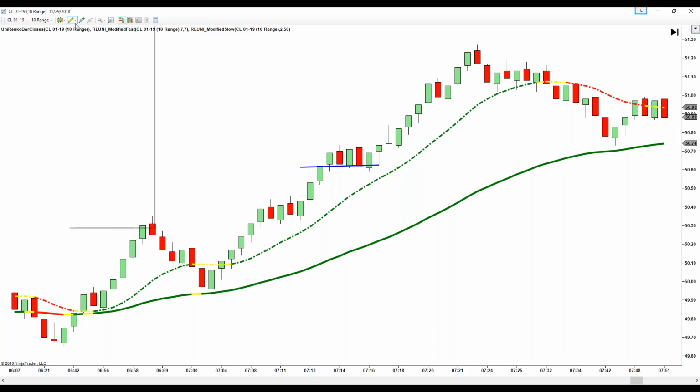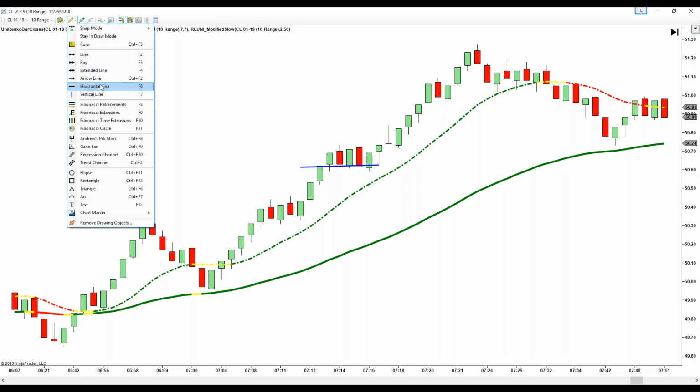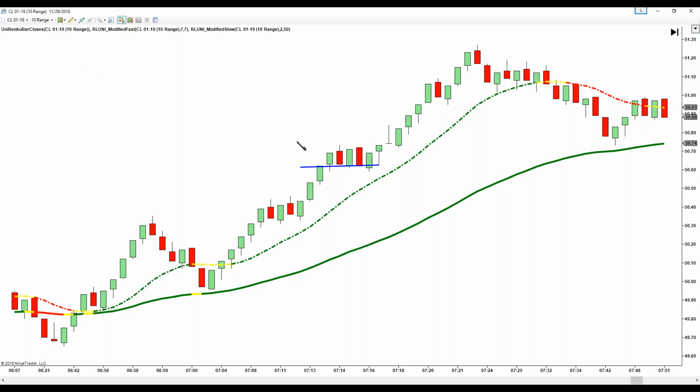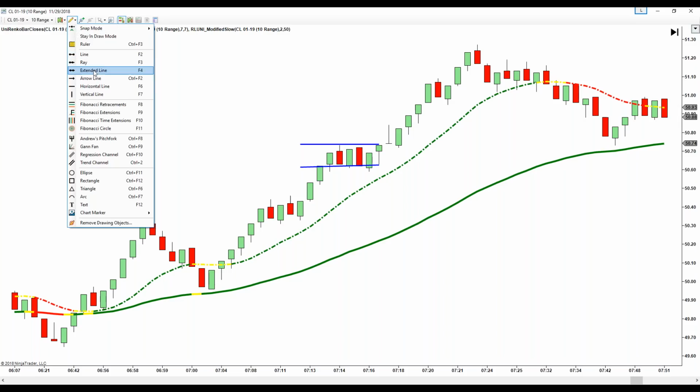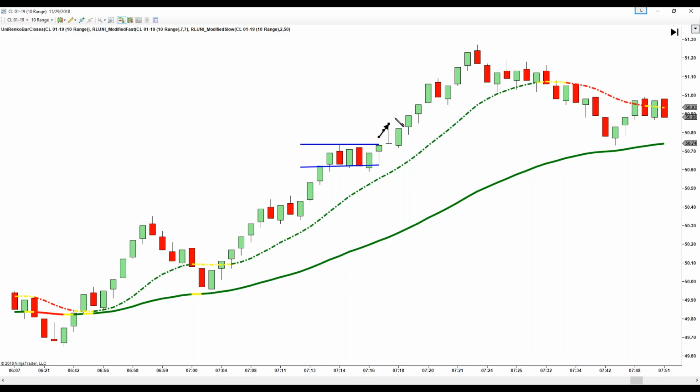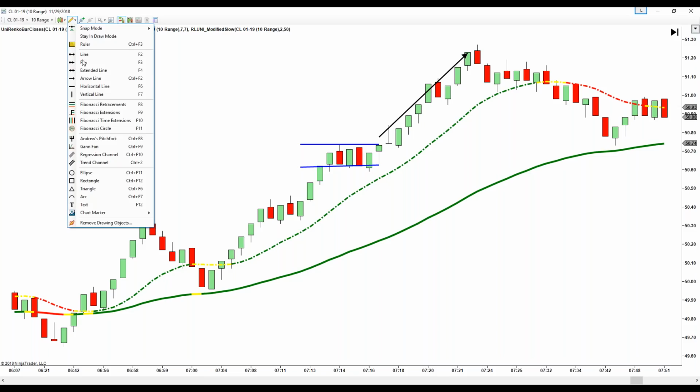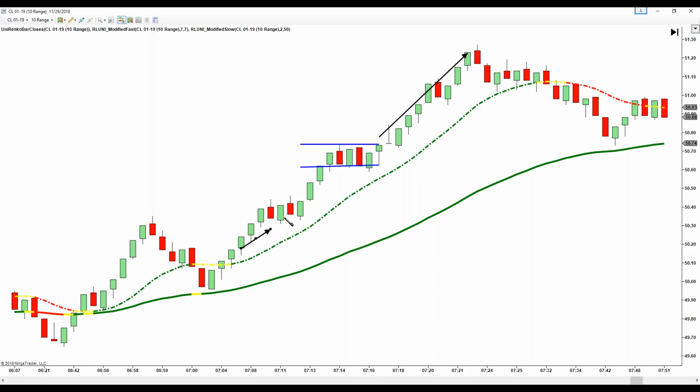This is the one thing that you can read real well off of range: consolidation. Right here. And you can see that price almost always breaks out of consolidation in the same direction it went into consolidation. It comes up into it, goes into consolidation, and will usually break out in the same direction.